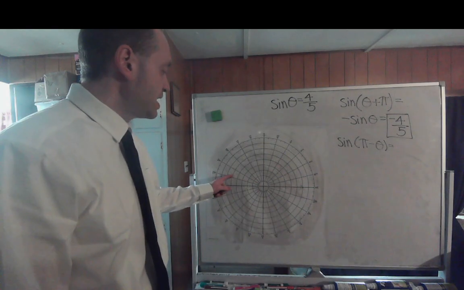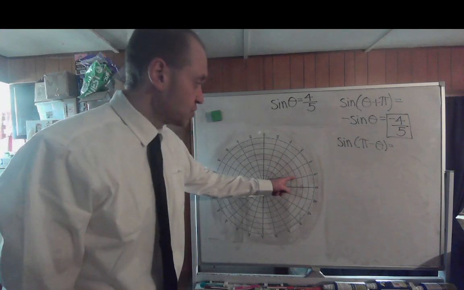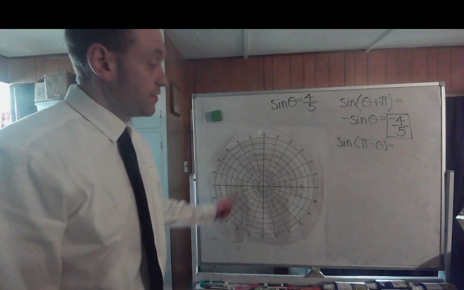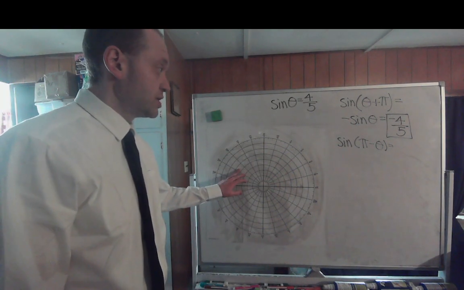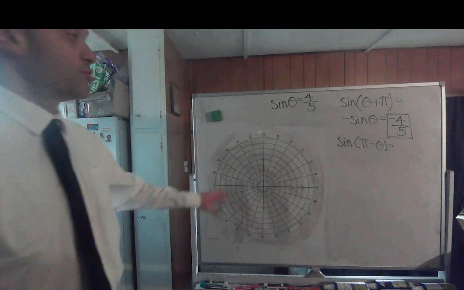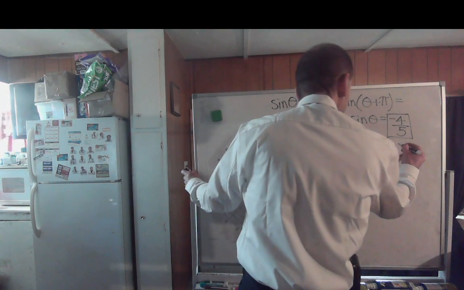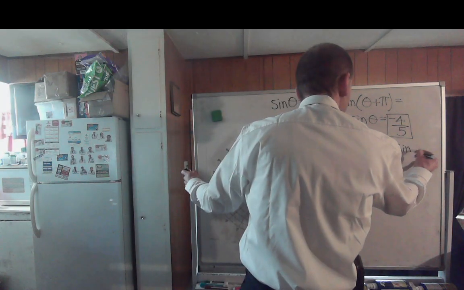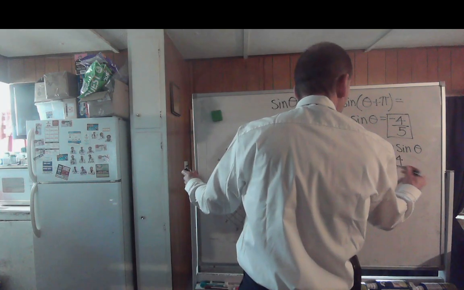You subtract that from pi, you'll be in the first quadrant. If you have a first quadrant angle, you subtract that from pi, you'll be in the second quadrant. So in reality, it really doesn't matter which quadrant you end up in. You'll end up with the original sine of theta, which would just give you 4/5.